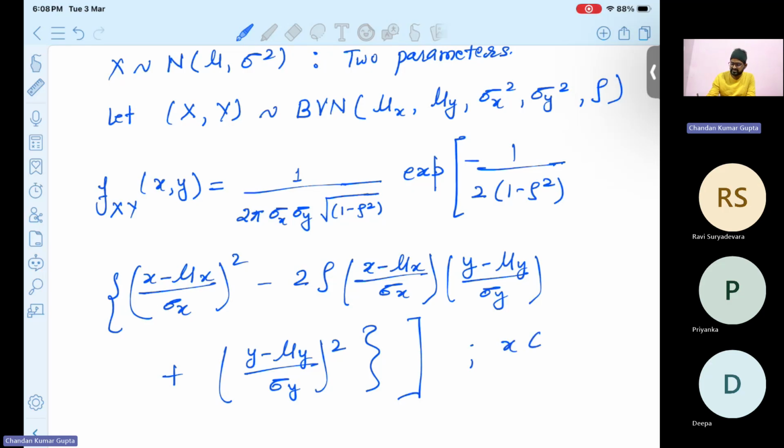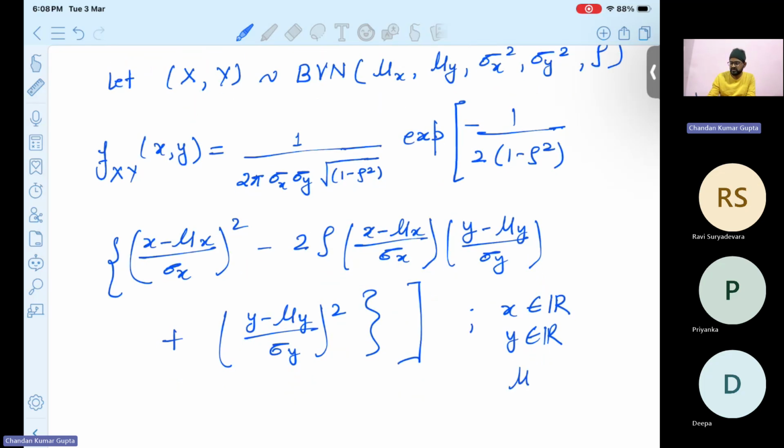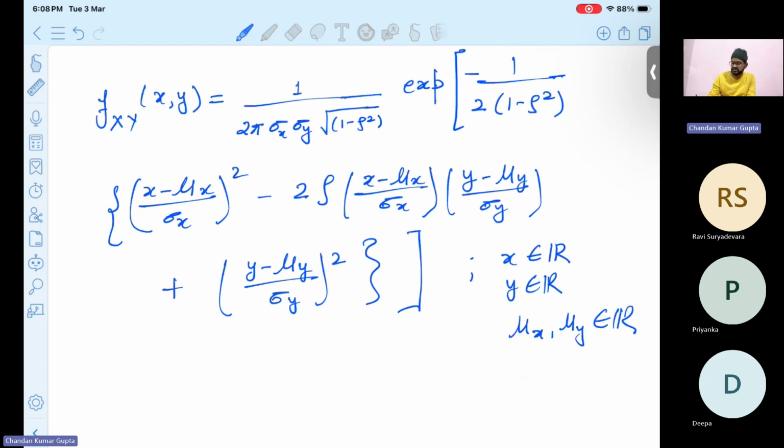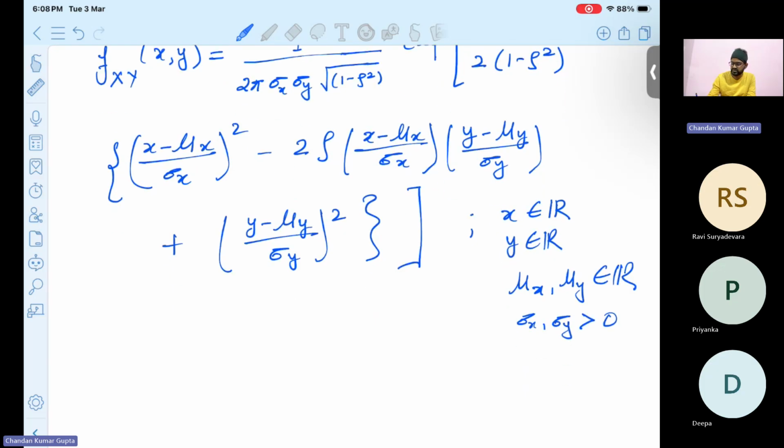Here x and y belong to the real numbers, mu x and mu y also belong to the real numbers, sigma x and sigma y are greater than 0, and rho belongs to minus 1 to plus 1, including both.